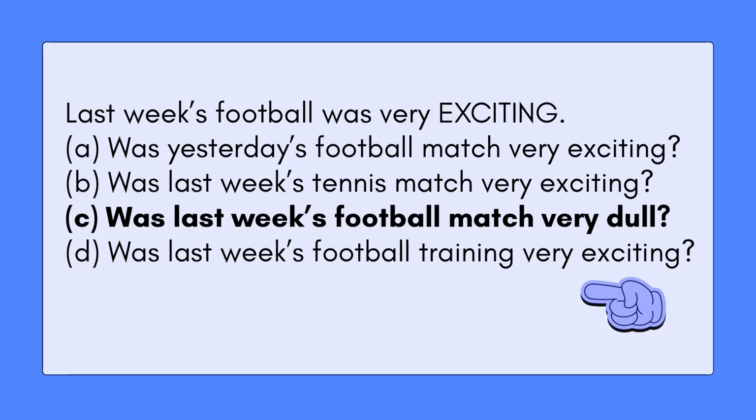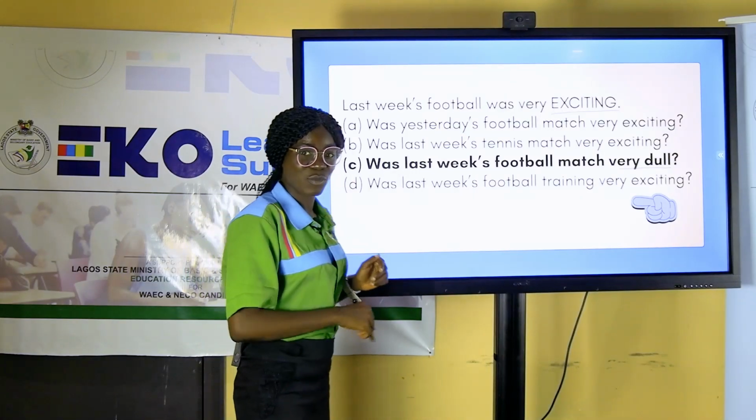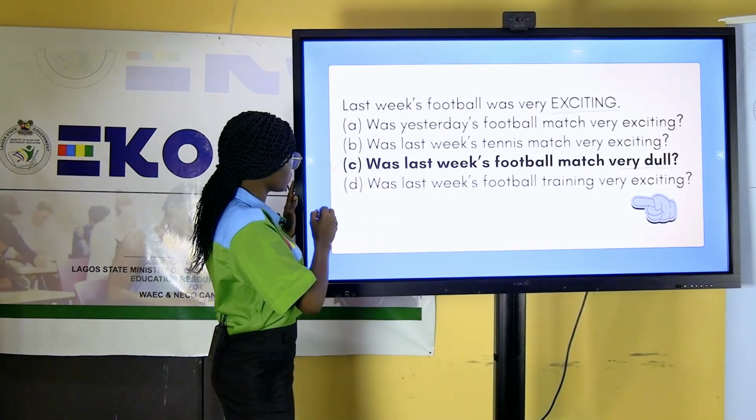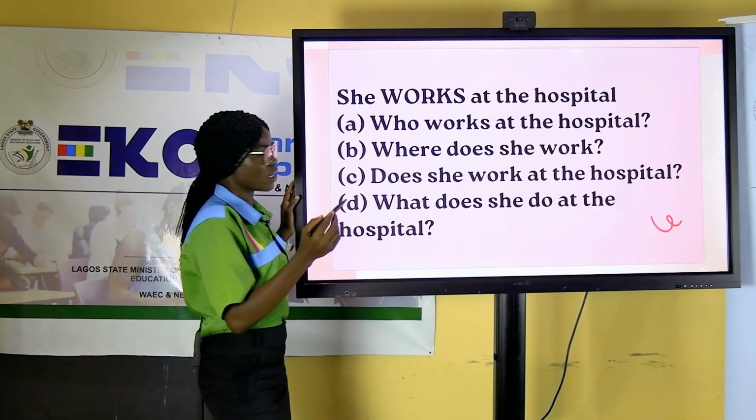In that case, that is the correct answer. The correct answer is C. I hope you understand that and you're following me. Okay, so let's look at one more example before I give you some work to do.